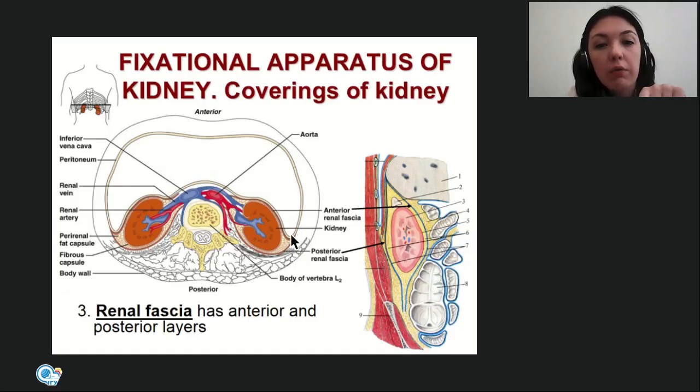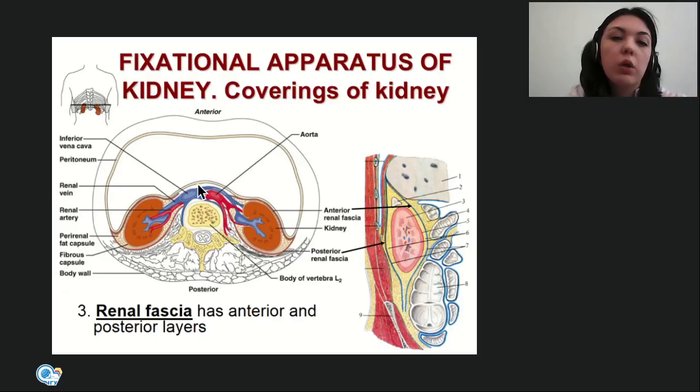It covers its anterior surface, and from the medial margin of the kidney, it continues to the renal vessels. So it covers abdominal aorta and inferior vena cava, and it continues to the anterior surface of the other kidney, and laterally it joins posterior layer.